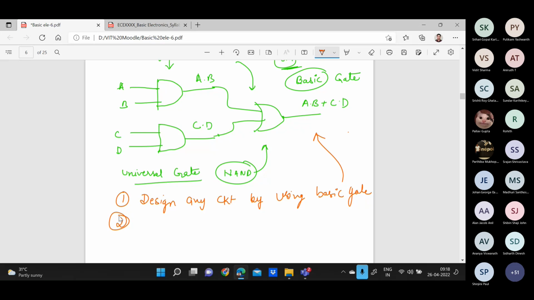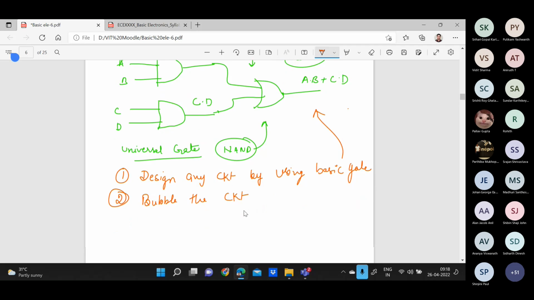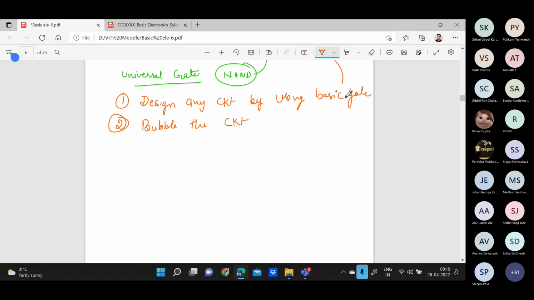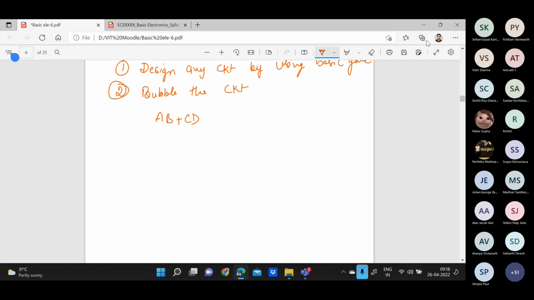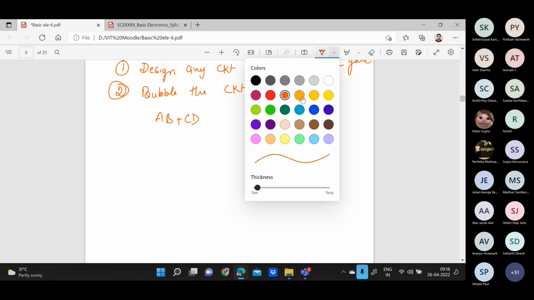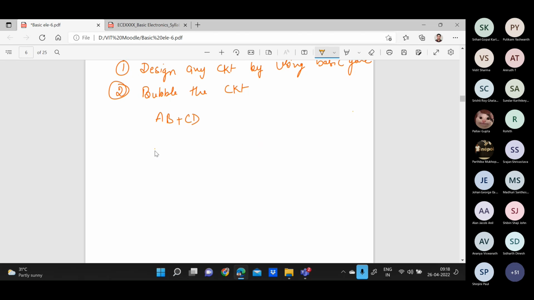After that, bubble the circuit. What is the way? What is the meaning of this bubbling? You see, I have taken AB plus CD. Okay, I already made this circuit. I'm just redesigning this one. Same. So I gave A and B to the AND gate.